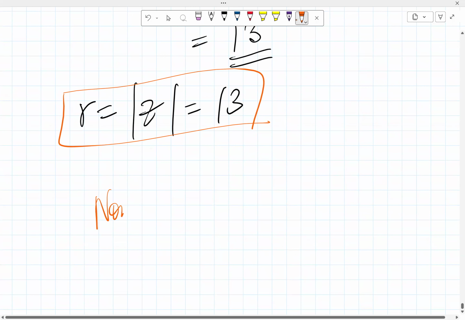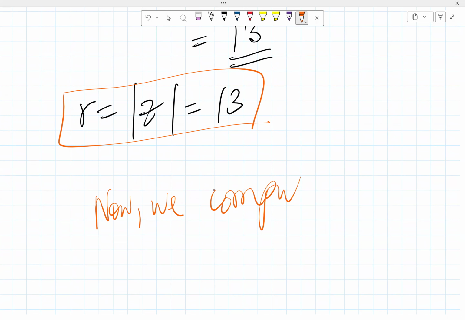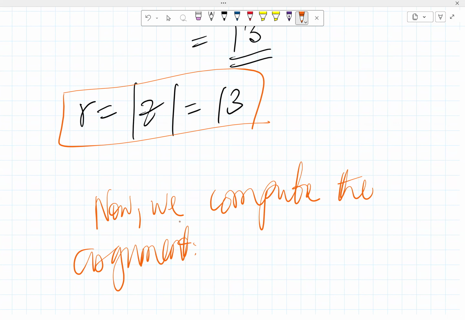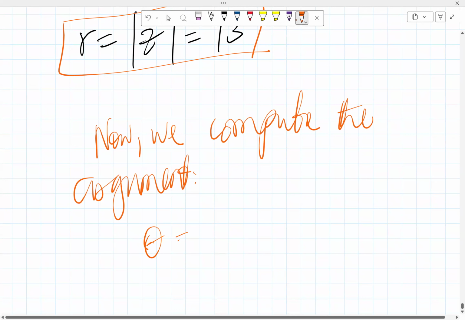Now we compute the argument. The argument is the angle theta, and that is given by theta equals the inverse tan of y over x.